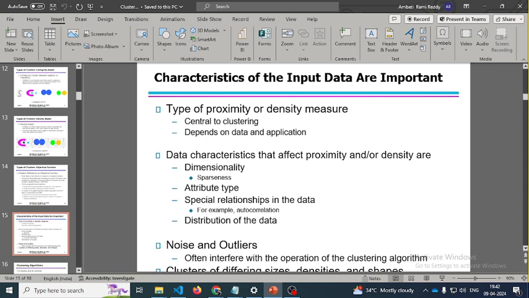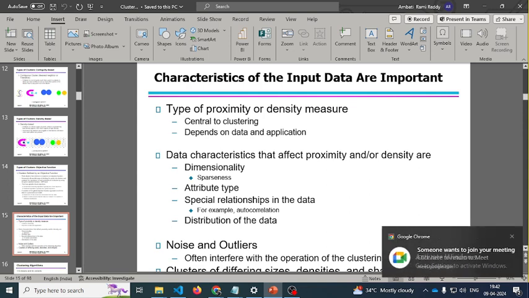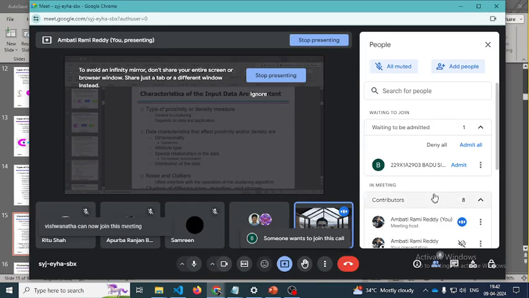The first characteristic is the type of proximity or density measure. That is central to clustering. Again, this type of proximity depends on the data and applications.